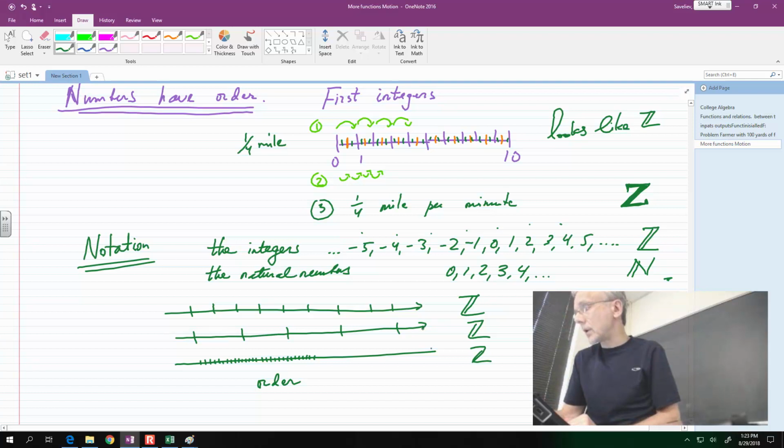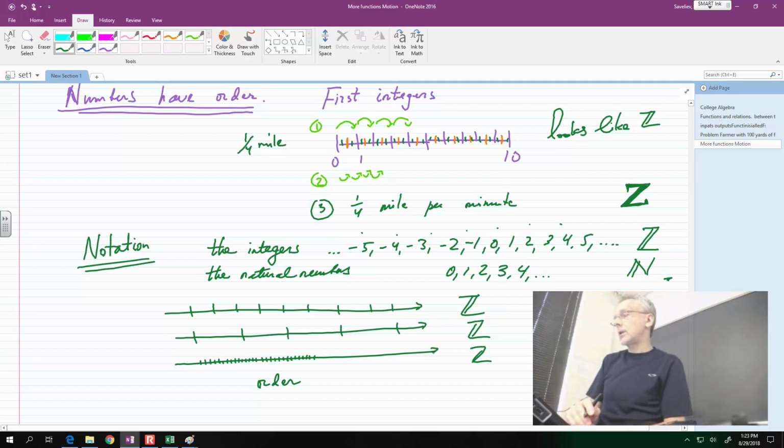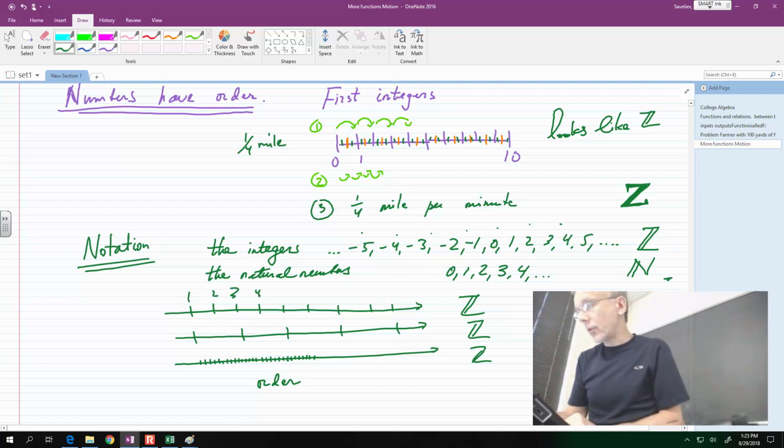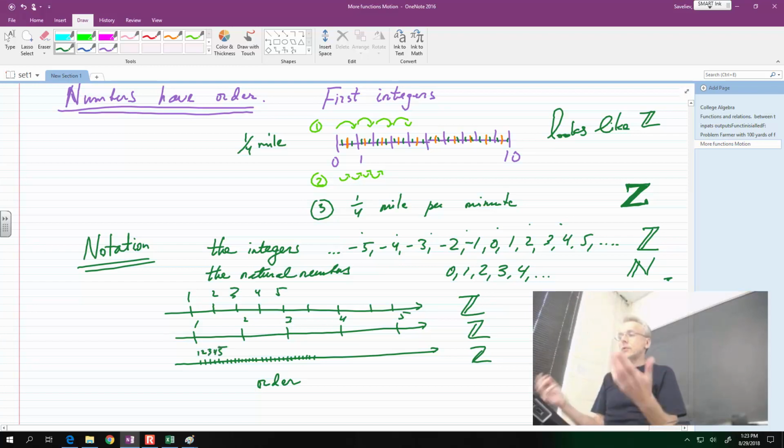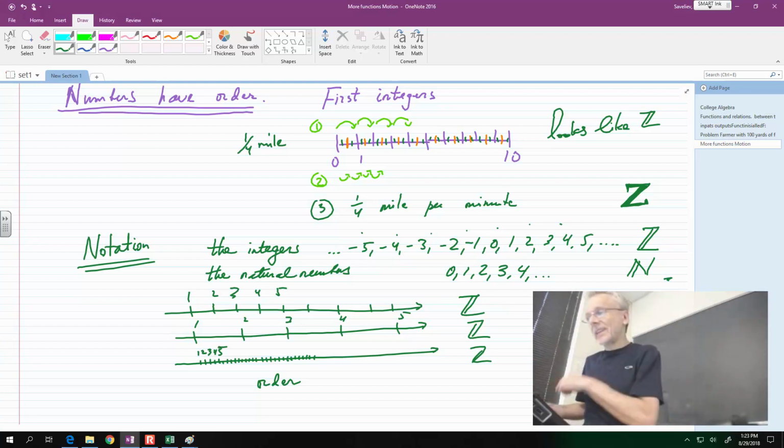So usually we put an arrow over there to indicate in what direction the growth is going. So once again, 1, 2, 3, 4, 5. These are integers. Depending on the unit that you choose, they all produce the same exact algebra.